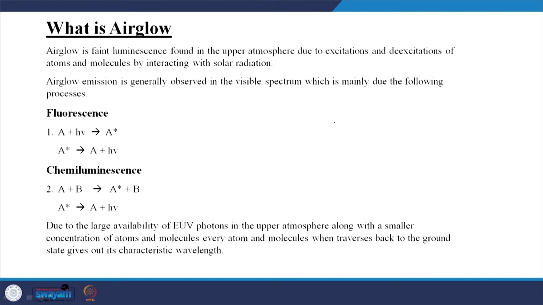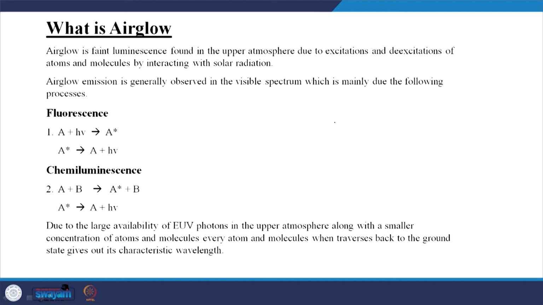This process is called fluorescence. Chemiluminescence is a process in which a chemical reaction may lead to a particular atom getting into the excited state, and when this excited atom comes back to the ground state, it releases a photon, and if this photon is in the visible spectrum, you will be able to see that.